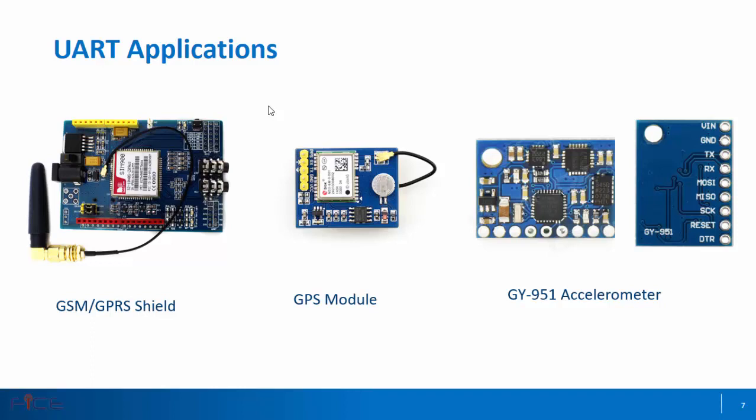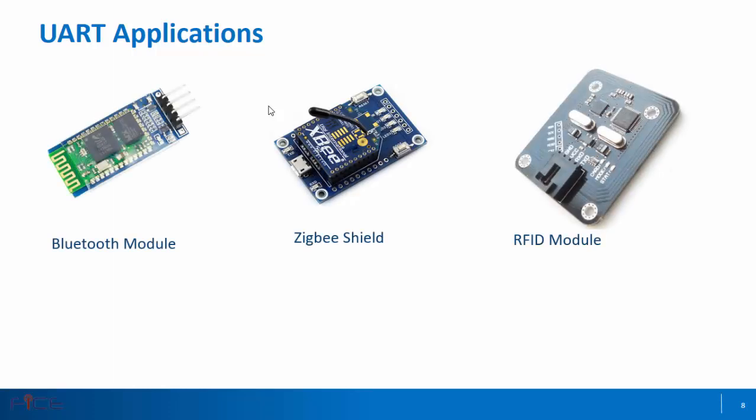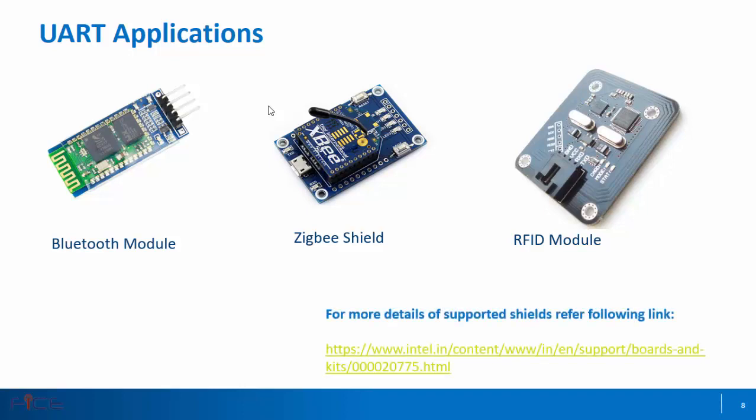It is also used with sensors such as accelerometers, gyroscope, GPS module, etc. It is also used to interface with wireless technologies as well, such as Bluetooth, Zigbee, RFID module, etc. Please visit the link shown in the slide for knowing more on what type of shields are supported.